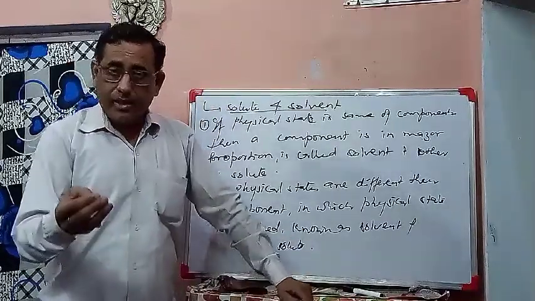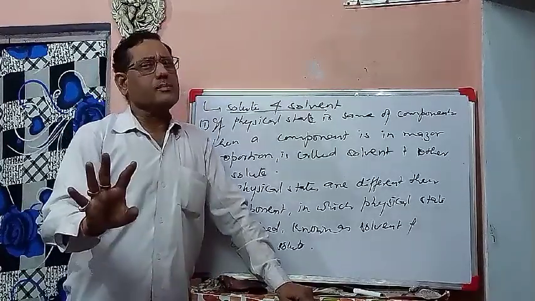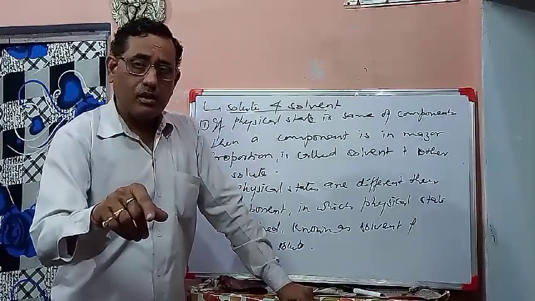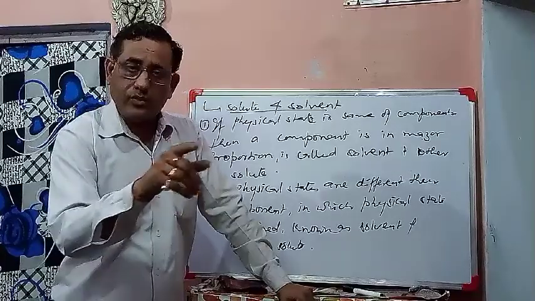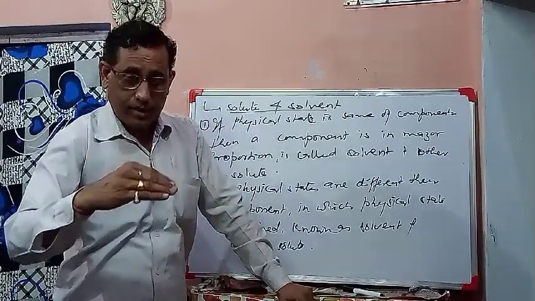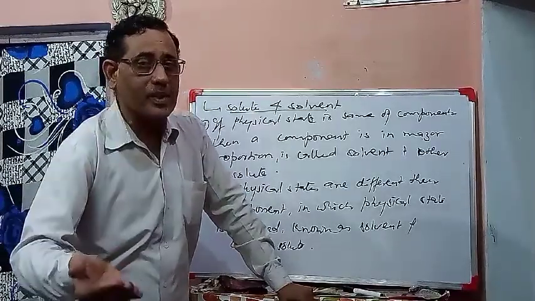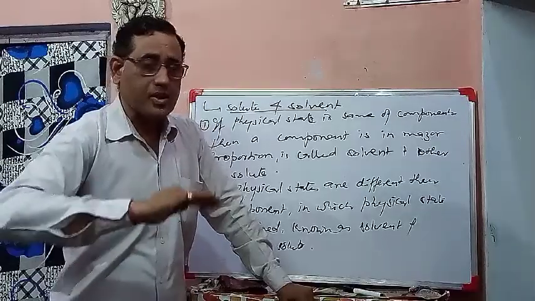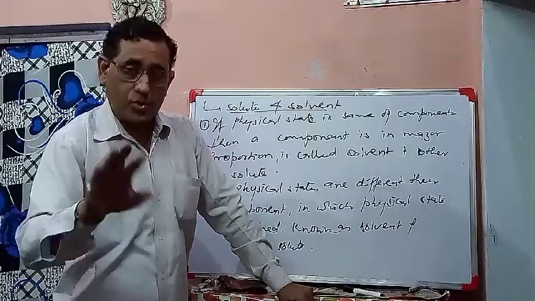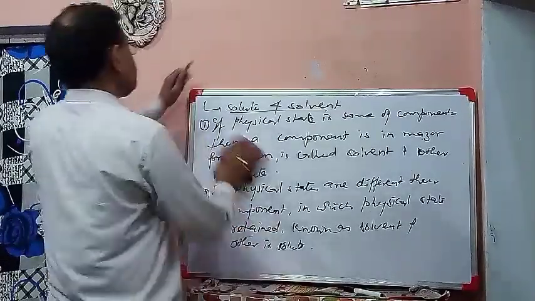You add sugar in water in major proportion or lesser proportion, but there always will be solvent water and sugar will be solute, because water is in liquid state and the resulting solution also will be in liquid state. The physical state of water is retained, but the physical state of solute, sugar, is changed. So sugar is called solute.